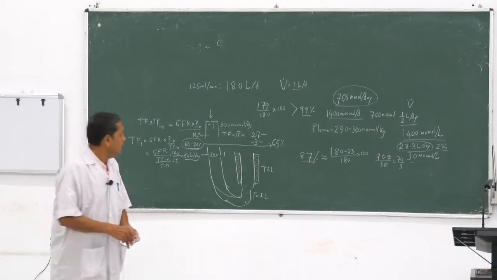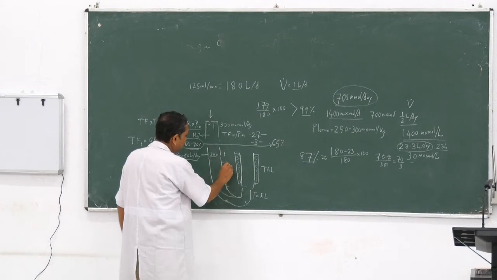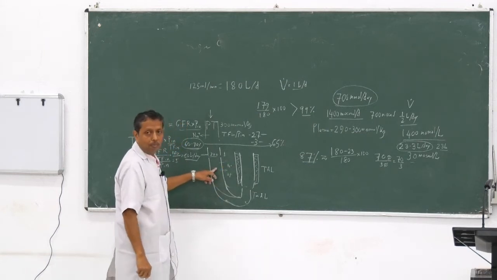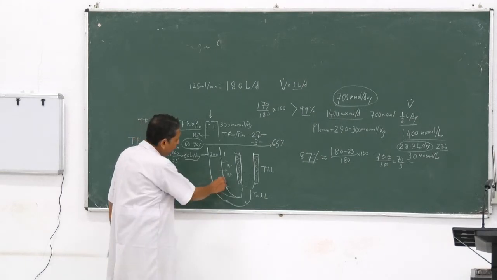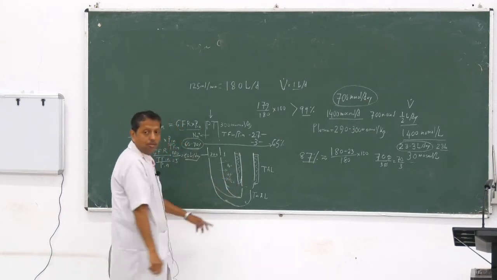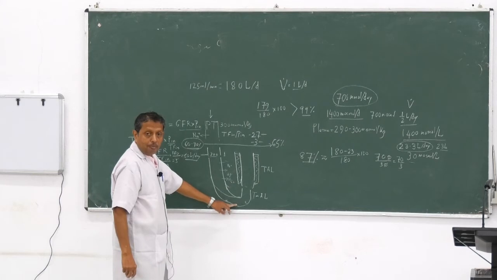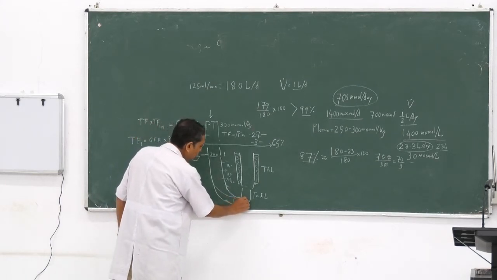And what occurs is that water will come out. It is relatively impermeable to sodium, but it is freely permeable to water, and in that way when it comes near the tip of the papilla, it becomes 1200 milliosmol per kg.